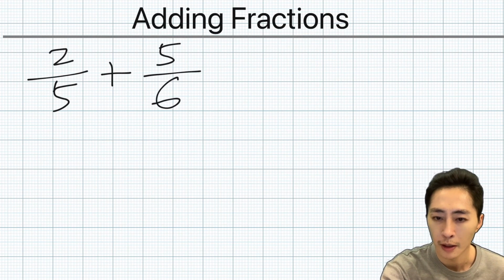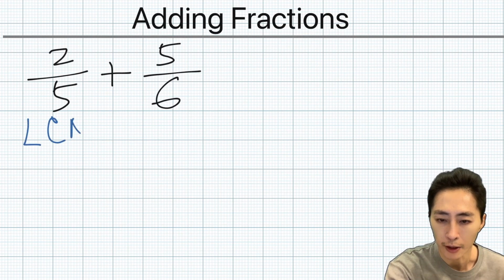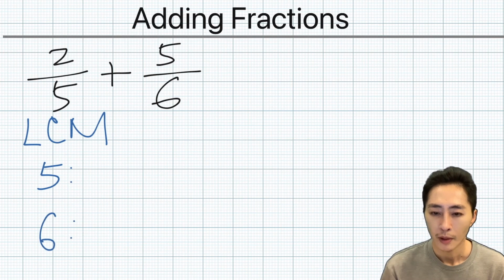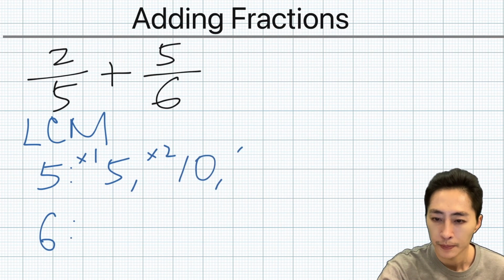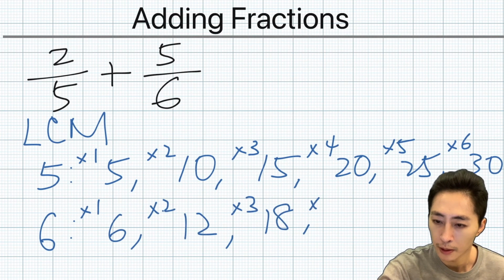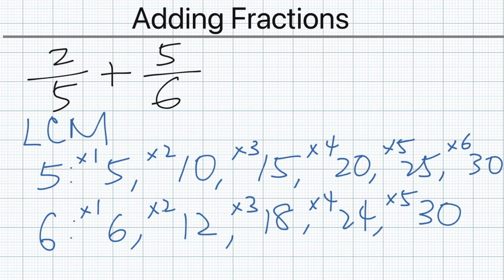Okay, hopefully you look for the LCM between 5 and 6. And if you find the least common multiple to be 30, then you got the first part correct.